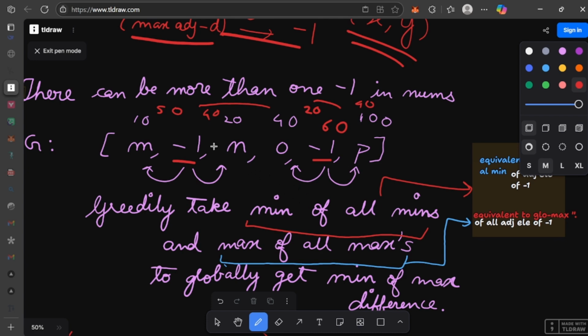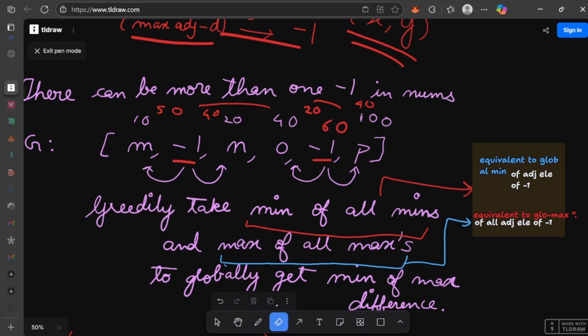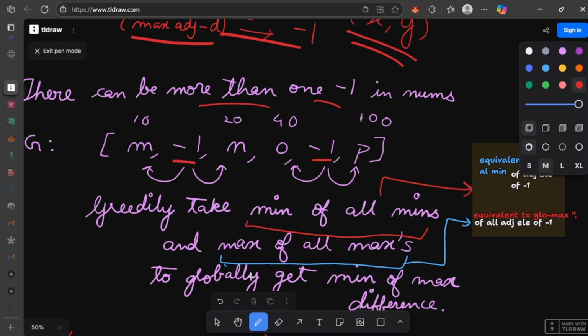Now if I chose 20, I would get 10 here, 10 here, 20 here, and 180 here. So to choose this properly, I would choose 40 plus d or 40 minus d. But if I want to minimize the maximum difference, I need to greedily take the minimum of all mins and the maximum of all max.